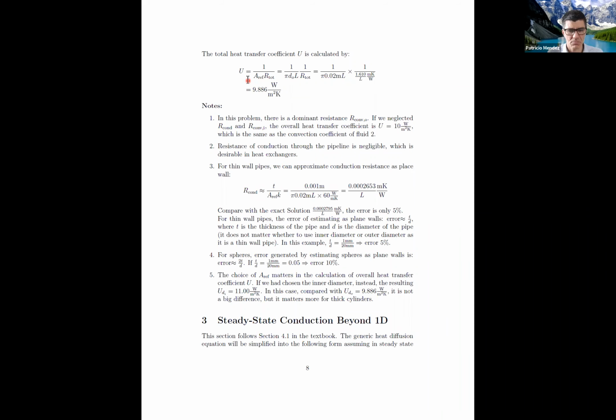So based on that knowledge, I could have said, you know what, the overall heat transfer coefficient is more or less 10, right there. Of course, we wanted to go step by step, and in the exam, you will go step by step. But here you get to see how mature, senior engineers very quickly know this matters, this doesn't matter. And in the end, they end up getting something that makes sense.